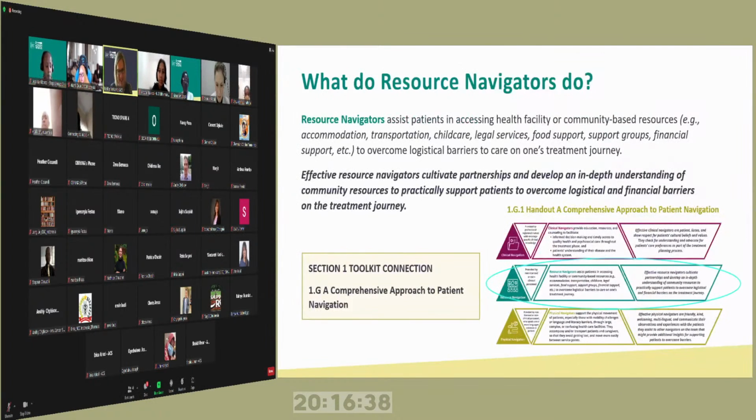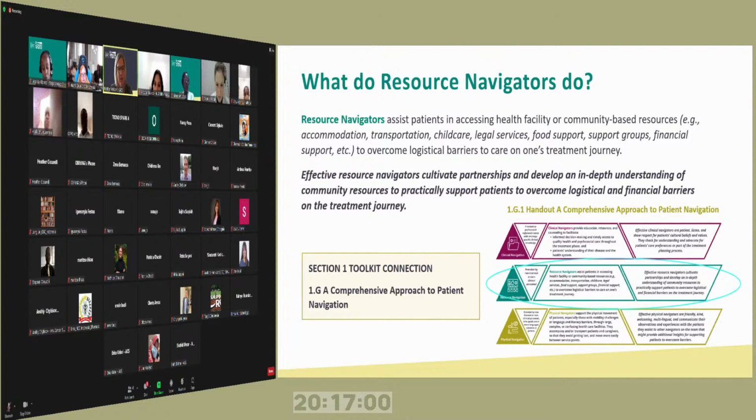Okay, next slide. All right, so what do resource navigators do? These types of navigators generally assist patients in accessing health facility or community-based resources such as accommodation, transportation, childcare, legal services, food support, support groups, financial support.